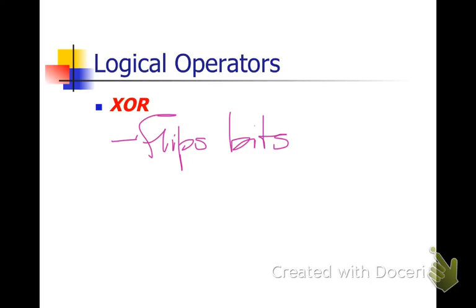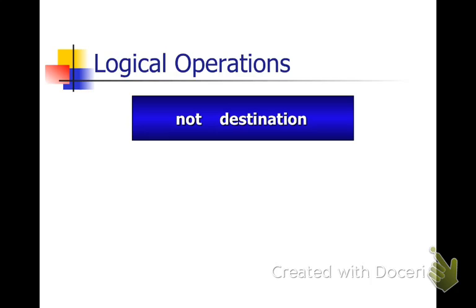Let's look at not before we do some examples. Not, the rules are a little bit different. No flags are affected at all by a not. The operand size, the destination, can be byte, word or double word. However, the addressing mode cannot be an immediate value. Okay?